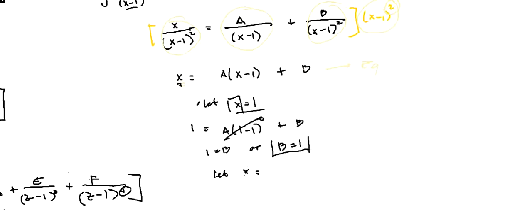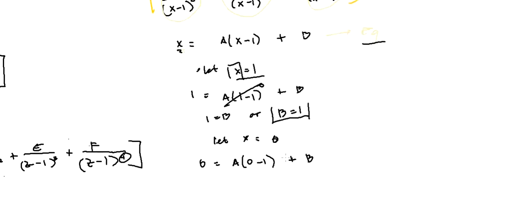So we say let x is equal to 0. So what will happen to our equation? If x is equal to 0, then we have 0 is equal to A times (0 minus 1) plus B, right? 0 minus 1 is equal to minus 1 multiplied by A, so we have negative A plus B.